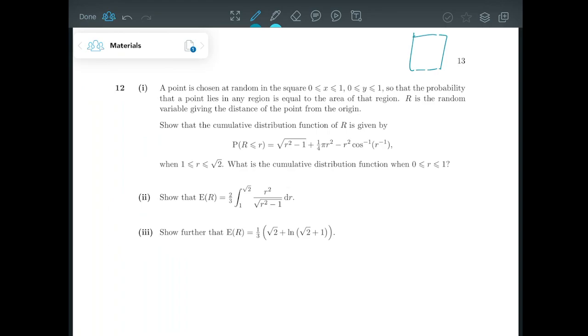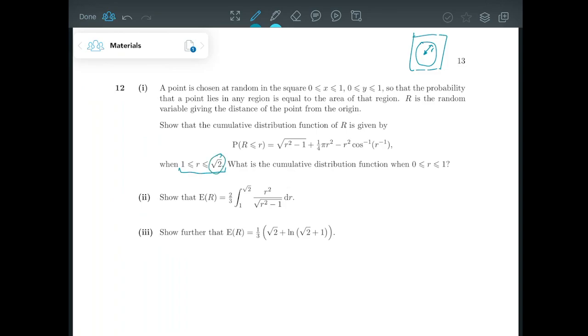R is given as the distance from the center. Show the cumulative distribution function. Something I haven't looked at in a very, very long time, but that's basically asking you the probability that your score is less than or equal to R, i.e. you live inside of a circle of radius R, and yeah, here's the condition.